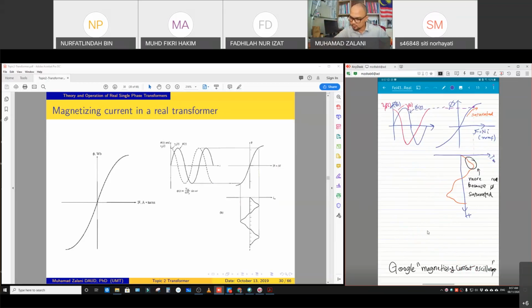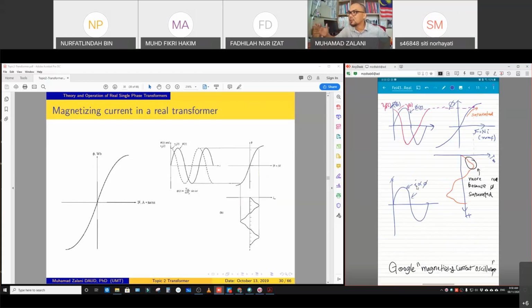Is it correct that we can say this is phi, which is directly proportional to the current, which we can also write as I for this curve, the phi curve? Is it actually the magnetizing current that we are talking about?